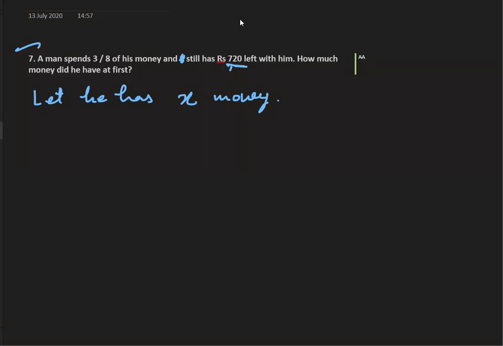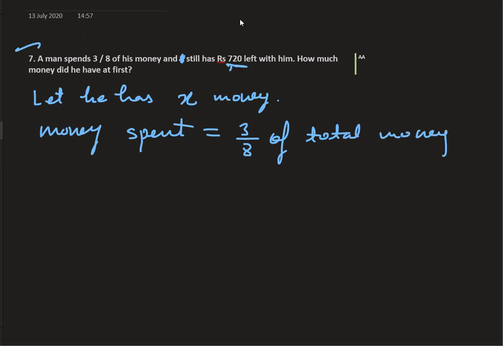Okay, so he spent 3 upon 8 of his money and still left with 720 rupees. So write money spent is equal to 3 upon 8 of total money. And what is the total money? Total money is x. So 3 upon 8 into x. So I will write it 3x upon 8.